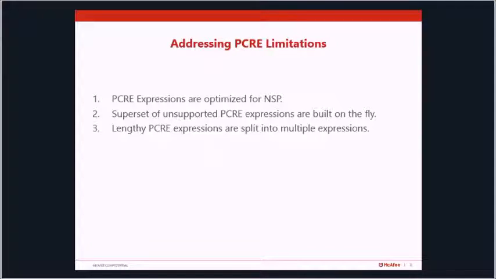The PCRE expressions may be broken down into multiple expressions so that the support is possible and they are detected properly by the NSP. Since the utility is building a superset of expressions, there's a chance for false positives. But we at IDT are determined to reduce these false positives and to improve the detection rate in future versions of this utility.